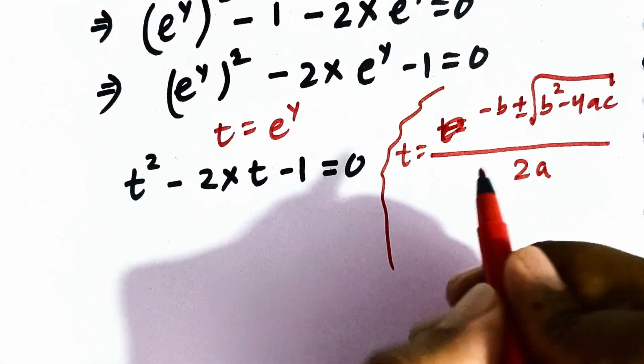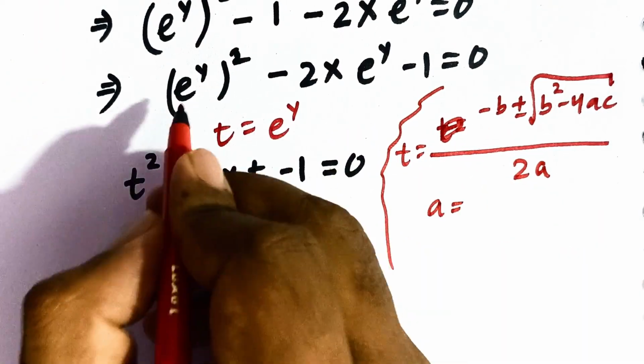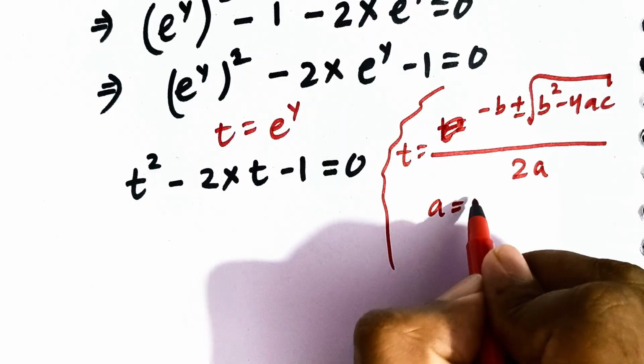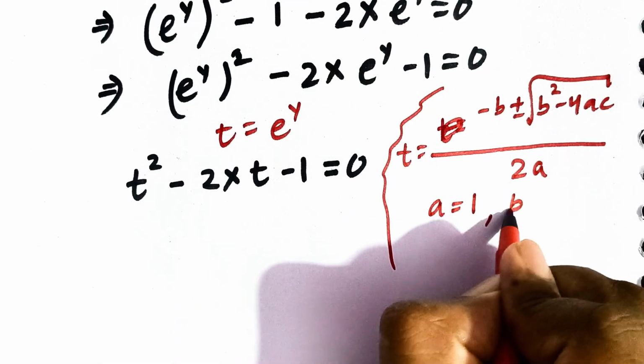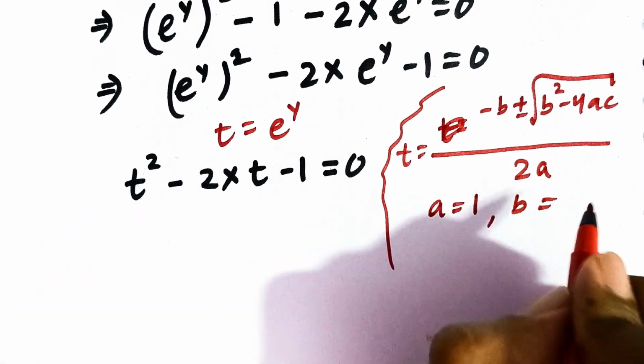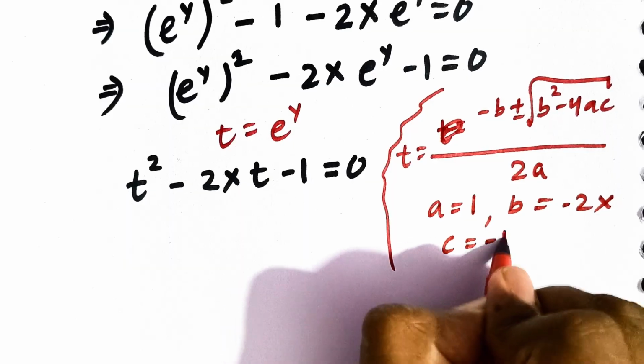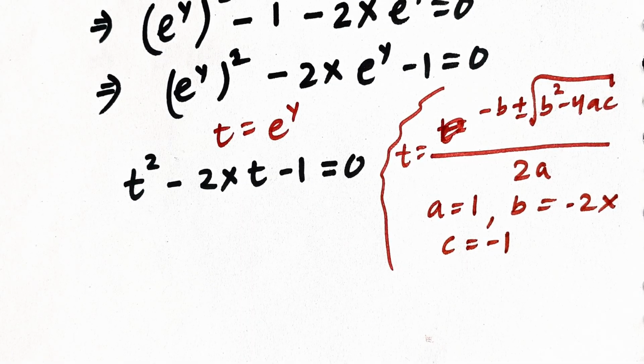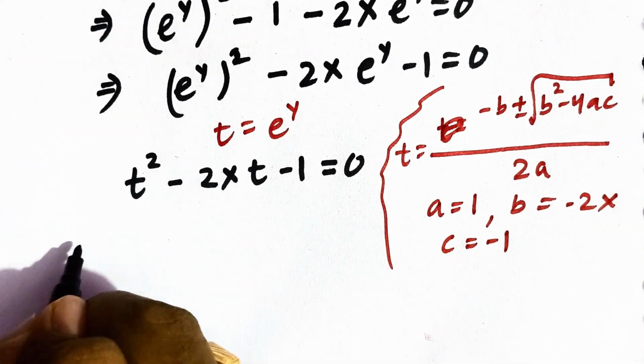What is our a, b, c here? Here a is the coefficient of t², which is 1. And b is the coefficient of t, which is −2x. And c is −1.